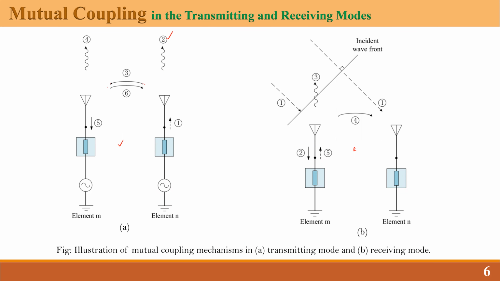Now when the three signals come to this antenna, this antenna will scatter some of the signal as 4, and again some of the signal will go to the source antenna. At the same time, as this antenna is rescattering, it can also radiate some signal through its back side lobes.